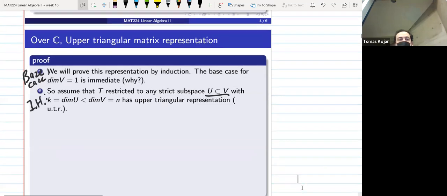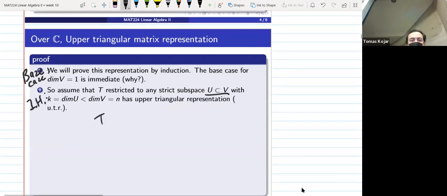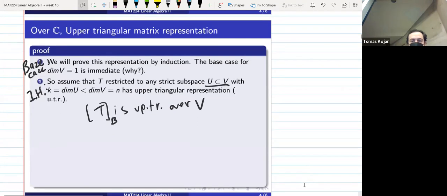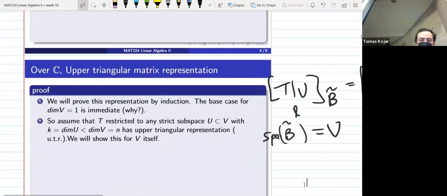Now we have to prove that T is upper triangular over V. All right, let's do it.